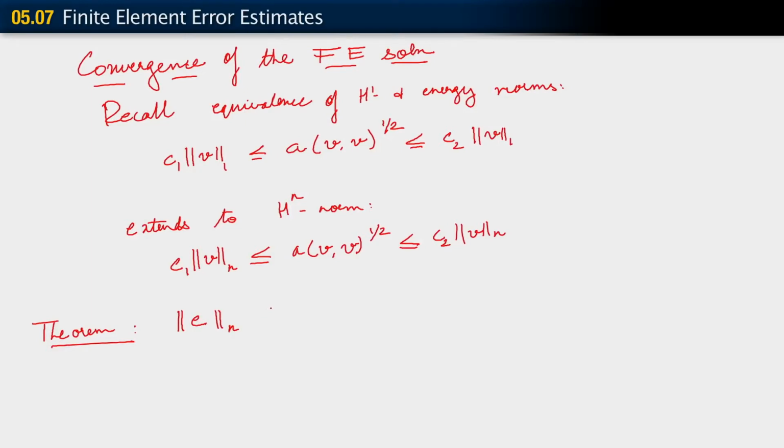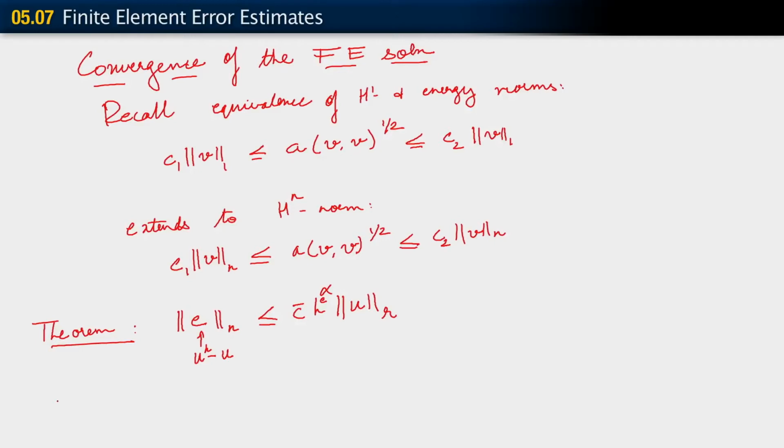It states that it can be bounded from above by some constant, let's denote it C bar, times h raised to the power of alpha, where alpha is the same exponent that we came upon in our Sobolev interpolation error estimate, times the r norm of U. This looks very similar to what we saw for the Sobolev error estimate, except that now we are indeed talking of the finite element error, and we just remember that this is UH minus U.